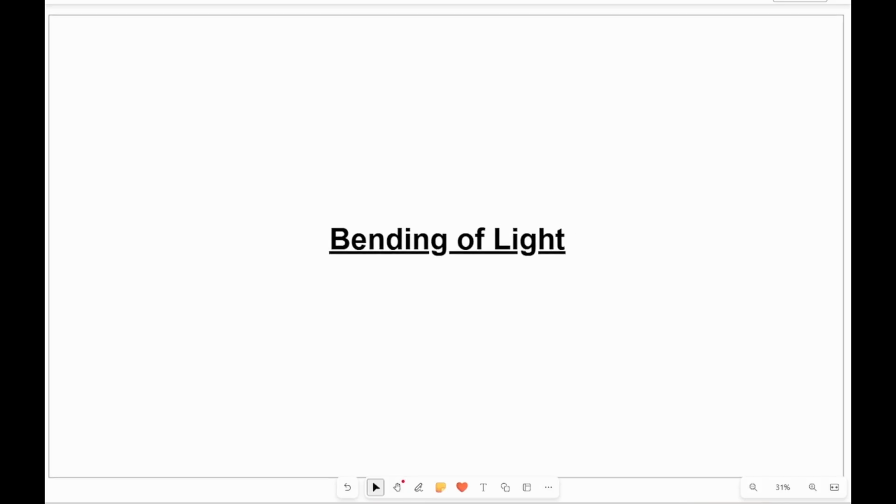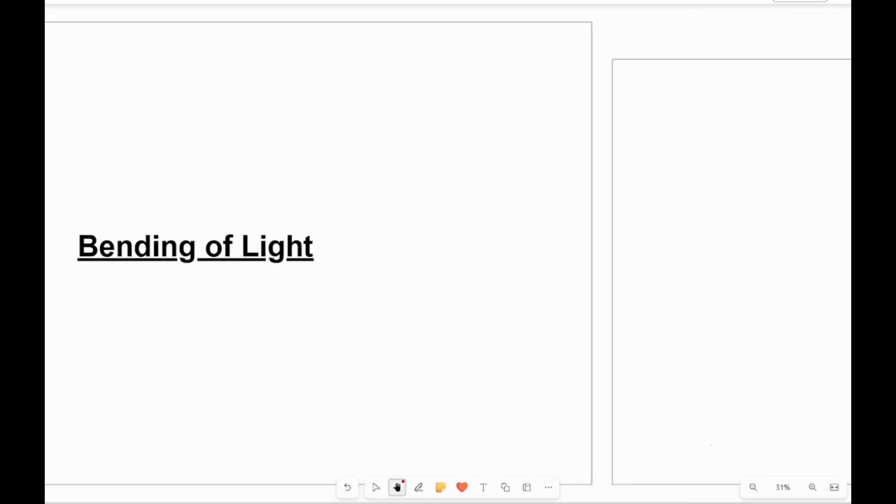Now, let's just look at the bending of light, and specifically the bending of light due to motion. If we're here and we have my little laser and it shoots light out this way and it's moving this way, this light is going to take a little bit of time to travel this distance.